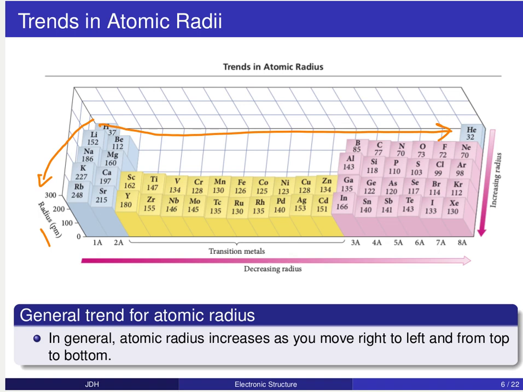I basically just want you to remember those general trends of increasing radius as you go down and decreasing radius as you move left to right, and to understand how nuclear shielding explains the decreasing radius left to right, and how the size dependence on increasing quantum numbers allows us to predict the trend as you move down a column.